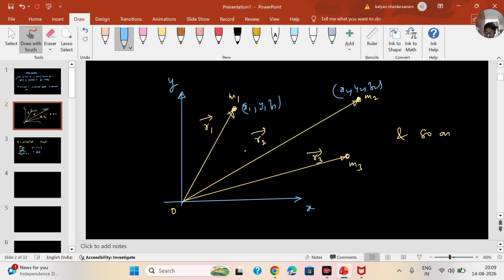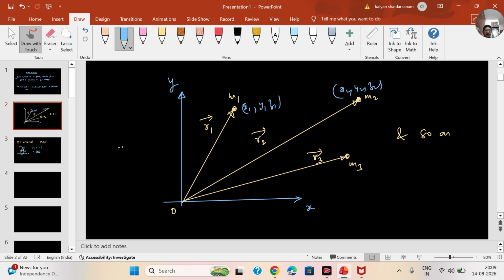So you have that flexibility. I have this group of particles whose mass is known and whose location is known. Now I want to find the location or coordinates of this special point called center of mass.